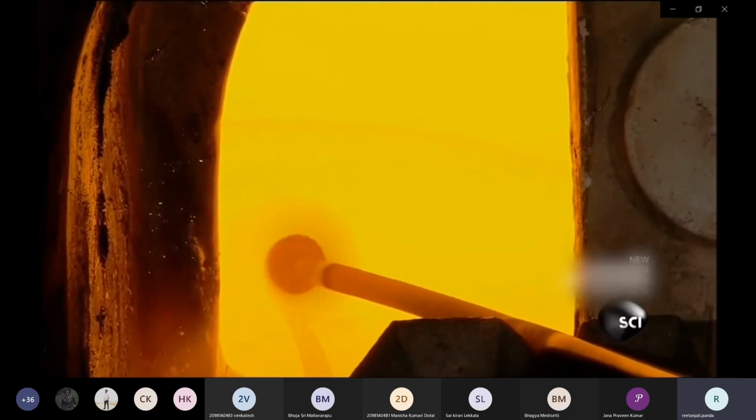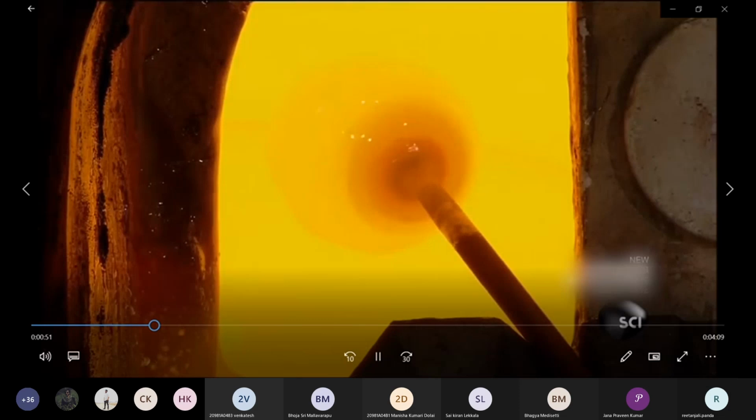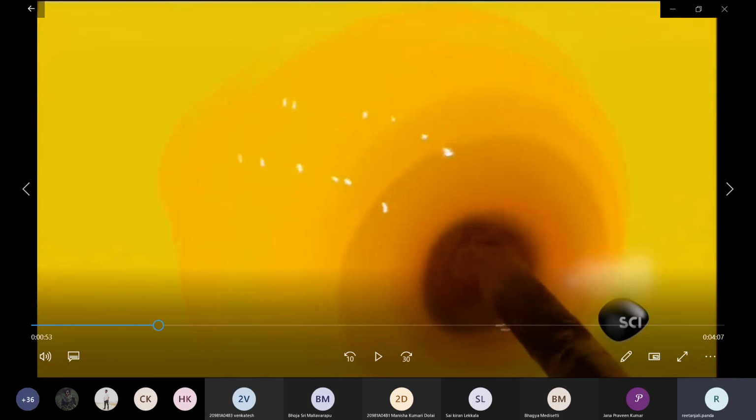They are melting this one in this furnace. Okay, so what you see here is a furnace which is burning at a higher temperature, 2900 degrees centigrade. At this temperature, the persons whoever is working on that one, they are melting this glass over there.